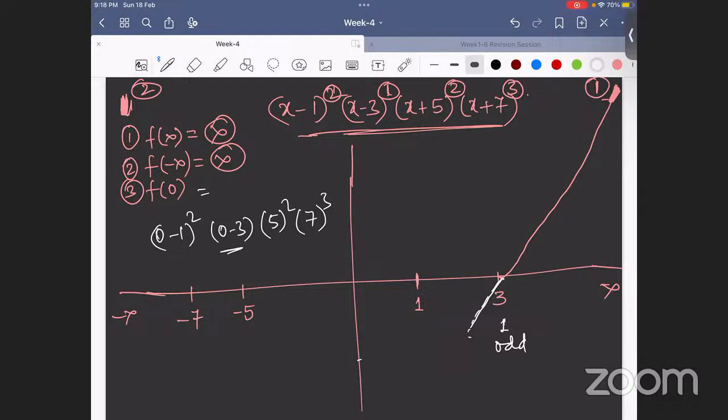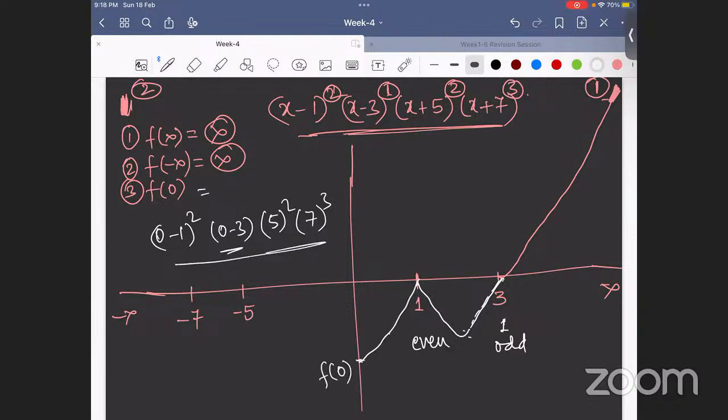So at 3 it is crossing, and again we have to go to 1, because x equals 1 is the root. From 1, it will bounce back, because this is an even multiplicity. So it will not cross, it will come somewhere here, whatever the value of f(0).